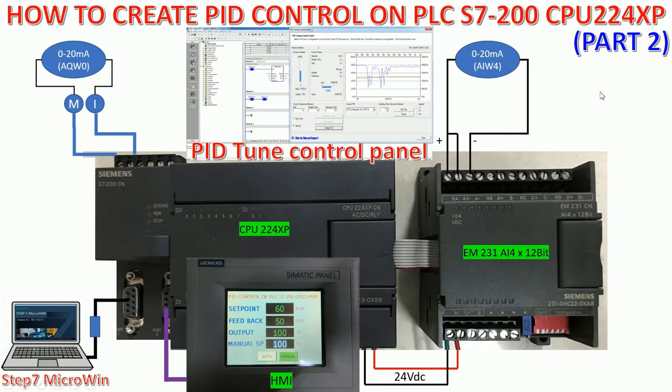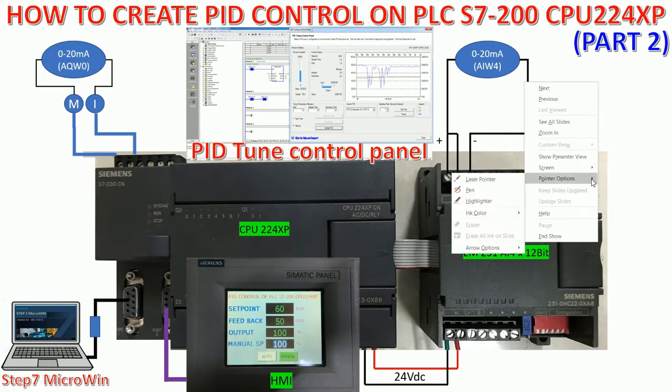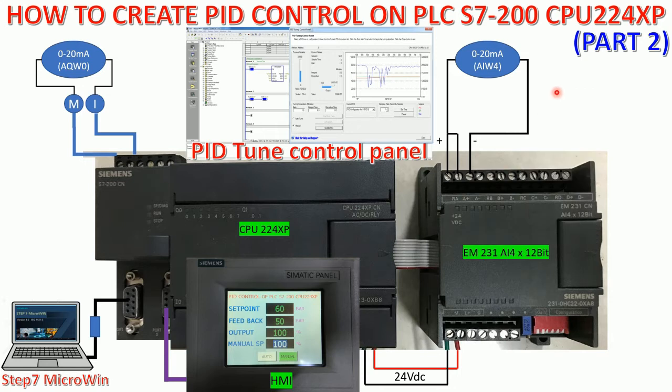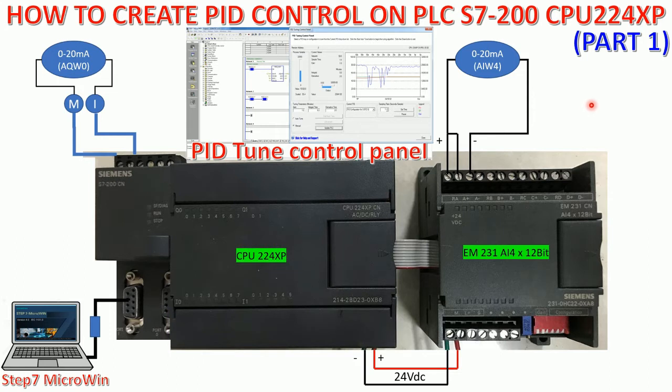Today we will go to part 2 about how to create PID control on PLC S7-200 CPU 224 HP, part number 2. In the previous video, we already learned about how to create the PID block and tune the PID control with PLC S7-200 CPU 224 HP by using Step7 MicroWin version 4 with page 9.